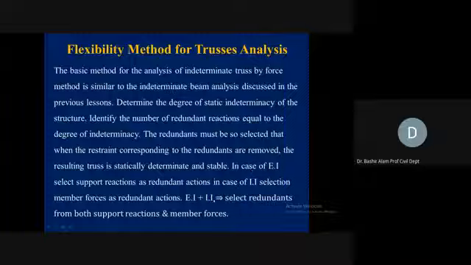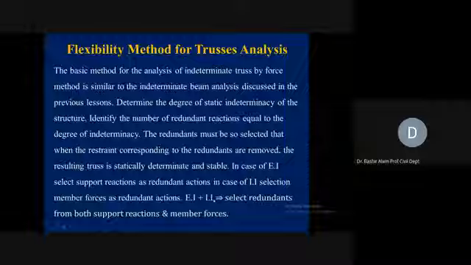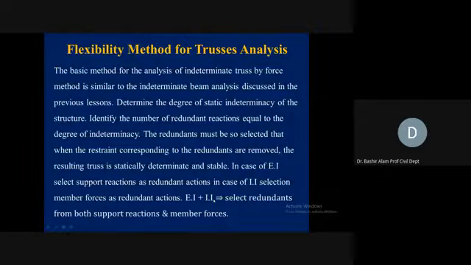Now, 3 kinds of indeterminate trusses we can have. One is external indeterminacy, and external indeterminacy, remember, is related to the support conditions. It is equal to the number of unknown reactions minus the available equations of equilibrium.